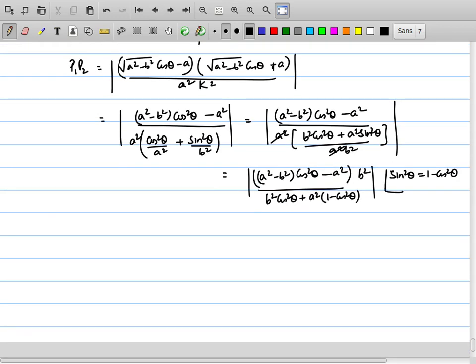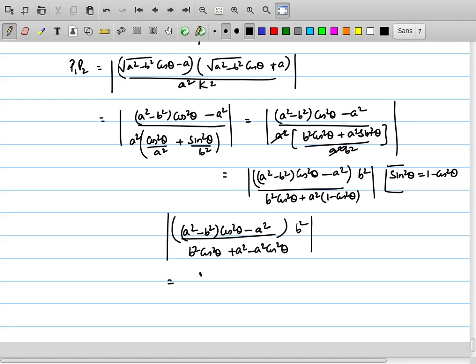Now what do we get? So we have a square minus b square cos square theta minus a square, and in the denominator we have b square cos square theta plus a square minus a square cos square theta into b square and mod. Now if you look closely, this is a square minus b square cos square theta minus a square, and in the denominator we have a square minus b square cos square theta into b square.